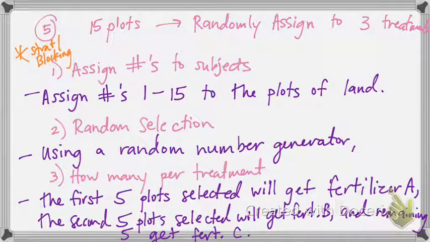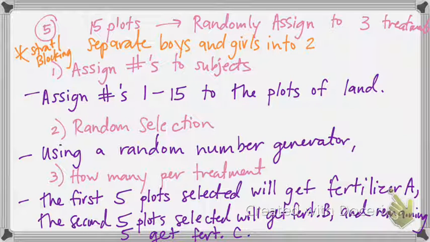So I would say, first I would separate the boys and girls into 2 groups. Then I would say boys get numbers 1 through 10, girls get 1 through 14, or however many boys and girls you have. Then do 2 separate random selections, 1 for boys, 1 for girls, each getting all treatments.